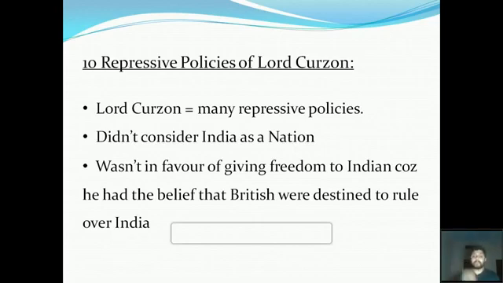If a British person was born on this earth, his first and foremost responsibility was to rule India. He had a very rigid, very narrow mind, and that's why he introduced certain repressive policies.